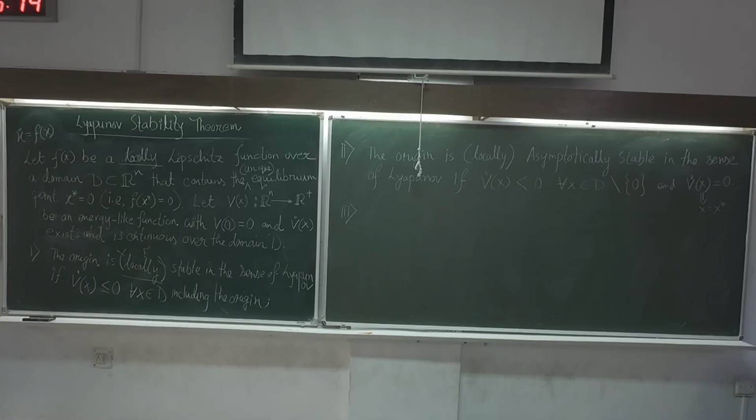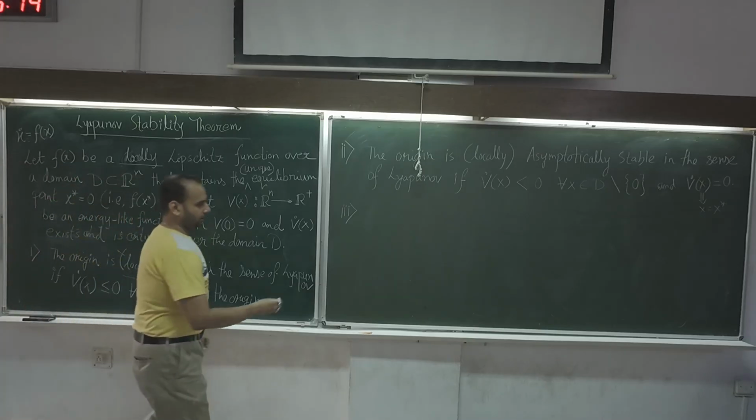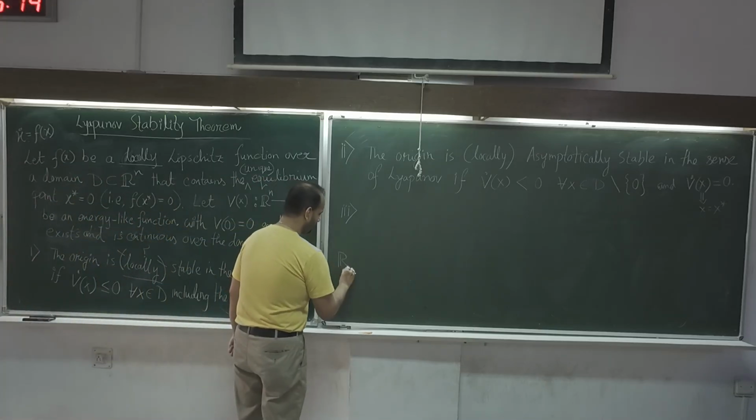So I have the same doubt. Does R plus include 0, or do we have to include 0 separately? R plus generally does not include 0. Okay, so that is also an important point.